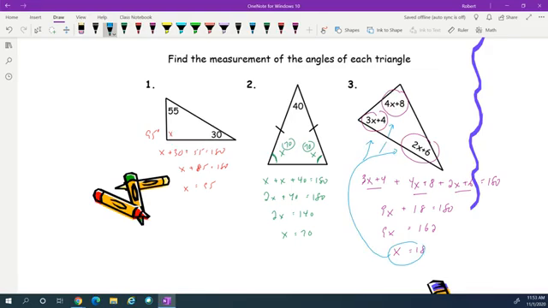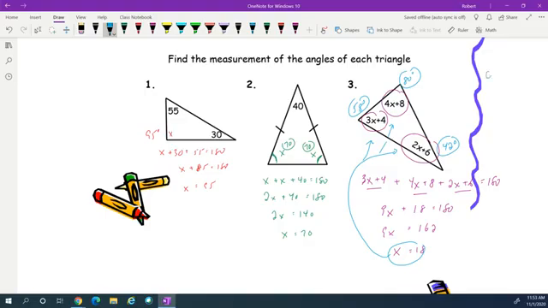You can start wherever you want. I'm going to do 2 times 18 plus 6, and I get 42 degrees. 4 times 18 plus 8, and I got 80 degrees. 3 times 18 plus 4 for 58 degrees.